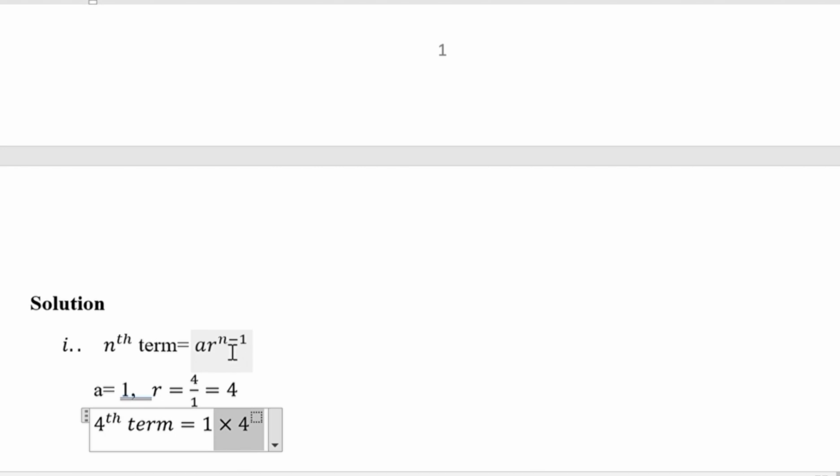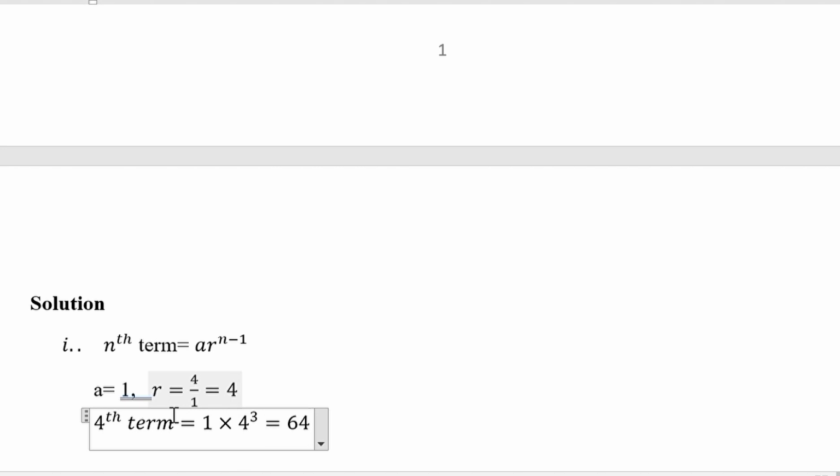N is 4. 4 minus 1 gives us 3, so this will be 4 raised to power 3. And if you simplify that, it will give you 64, because this is 4 times 4 times 4, giving us 64 times 1. That gives us 64 still. So the 4th term is 64.